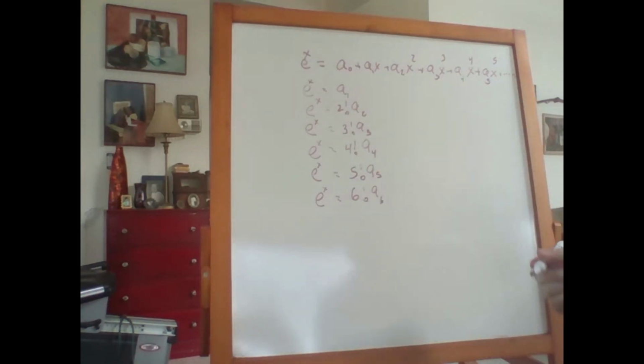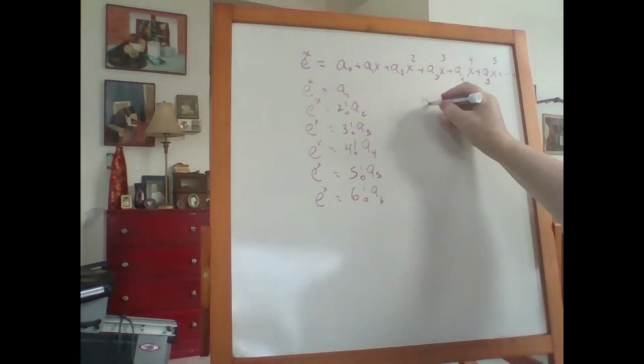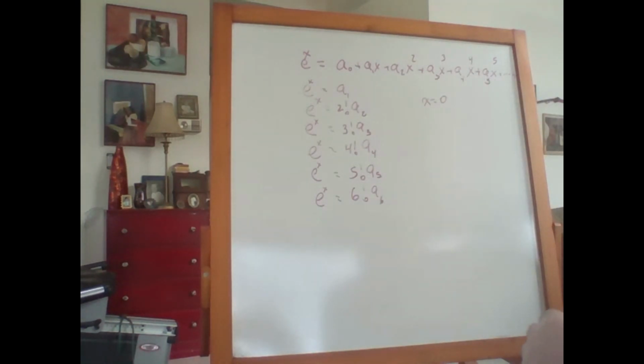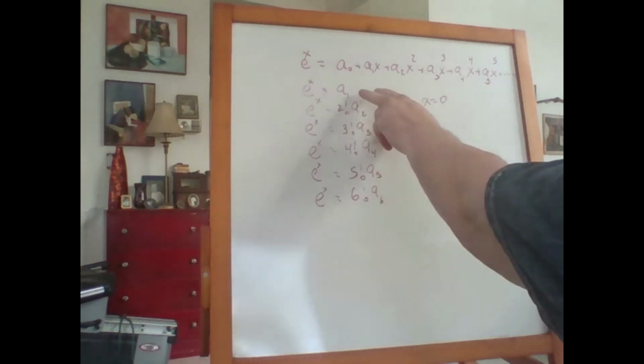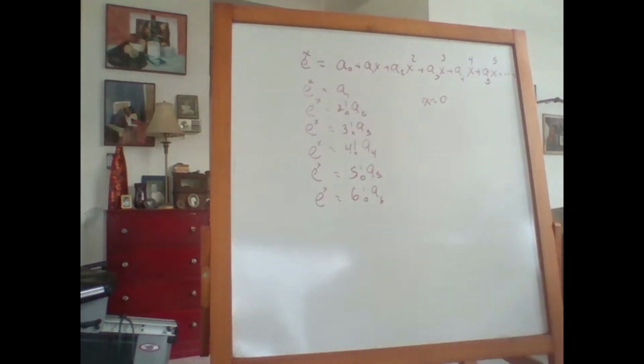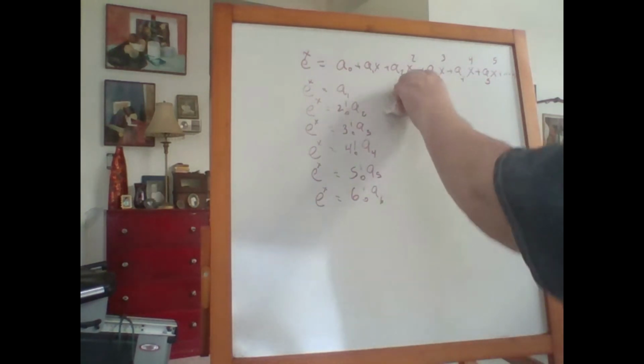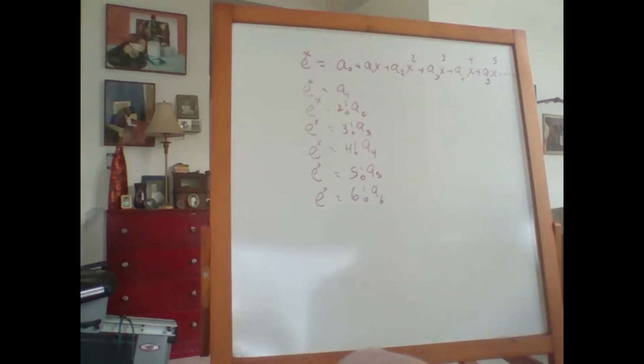Now you set x equals 0. So all the terms that have x will go out, and we'll leave you with these coefficients. Now, this is always going to be 1, so e to the 0 is 1.